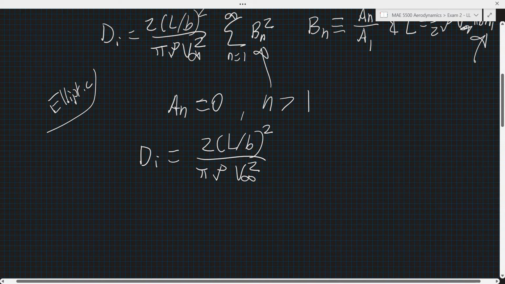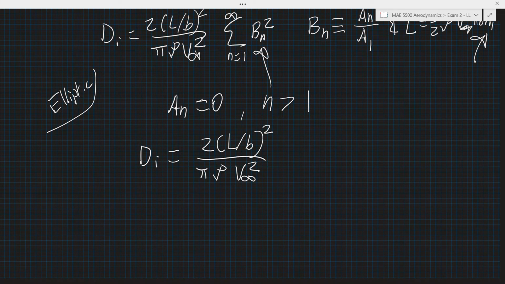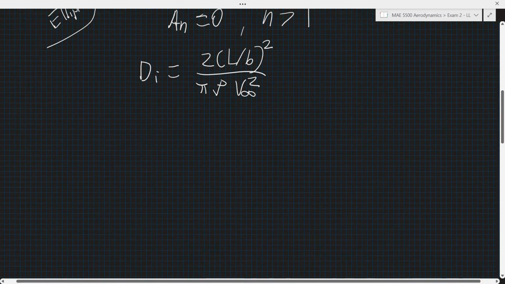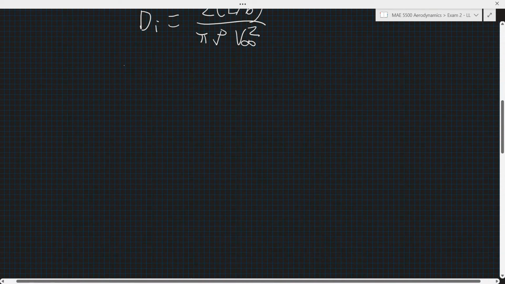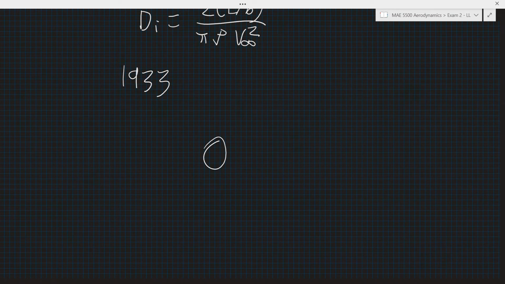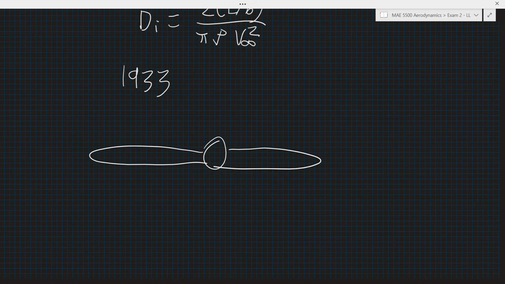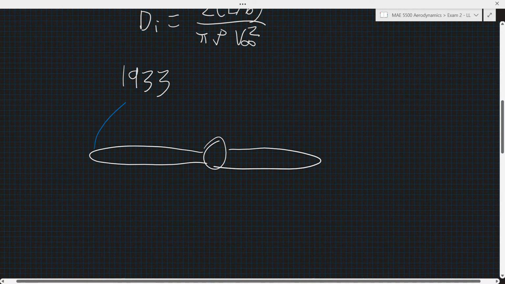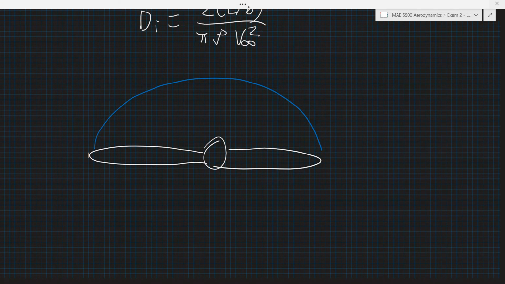That was what he found developing his lifting line theory. So now fast forward a little bit. The year is 1933, and Prandtl's taking a look at this, and he's thinking, well, we've got this wing, and it's got some lift distribution. Let's say it's got this elliptic lift distribution, and I'll erase this and move this up above so we have it in mind, but not in the way.